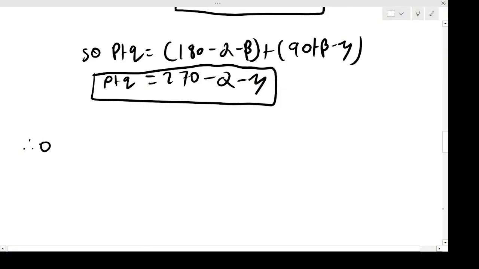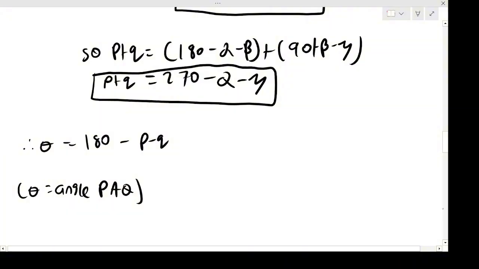So what we can say is theta, I'm going to say theta is angle PAQ, I believe. But the angle theta is going to be 180 take away the other two angles in our triangle.